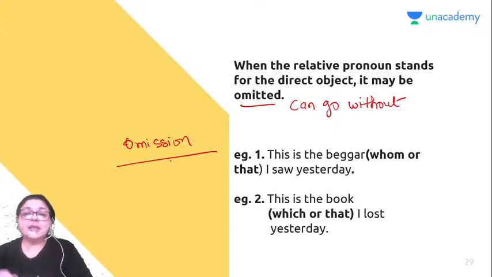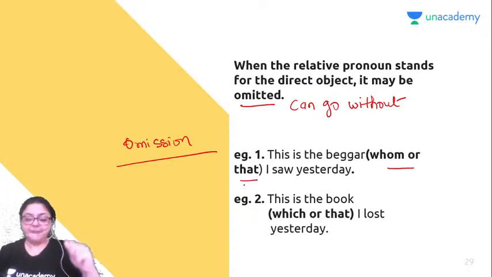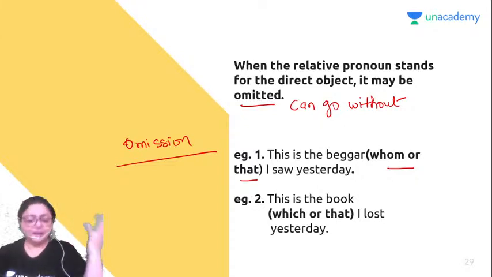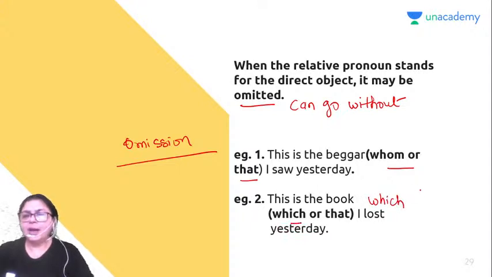Now, this is the beggar. So when I talk about the beggar, what do I say? Whom or that. I said there are exceptions. So what do I say? This is the beggar whom or that I saw yesterday. This is a beggar who I saw yesterday, or it is a beggar that I saw yesterday. Now, this is the book which I can put over here, or I can put that.